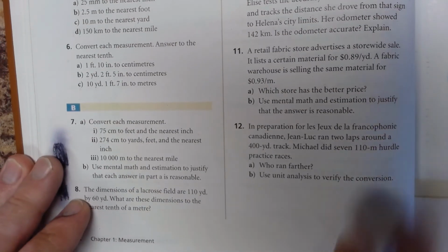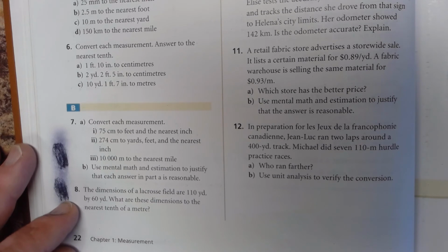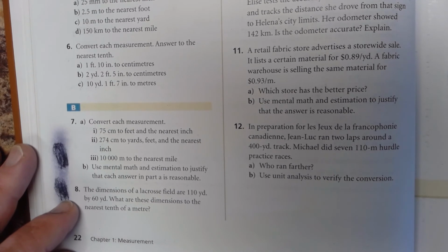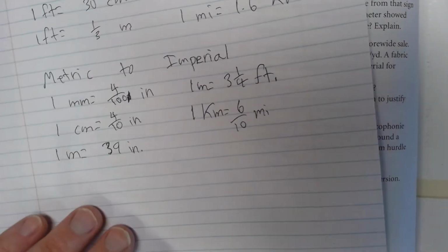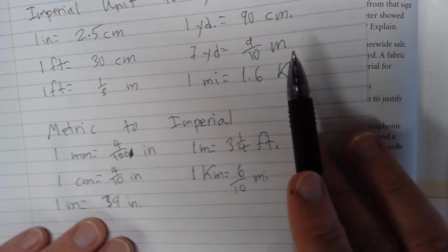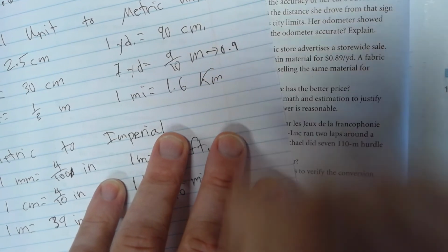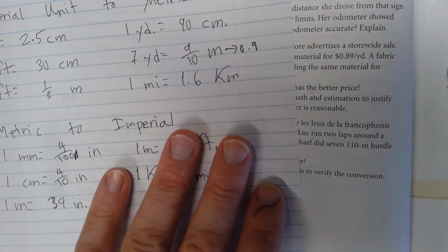All the way down here. The dimensions of a lacrosse field are 110 yards by 60 yards. What are they to the nearest meter? Well, you take the 110 and the 60, and you do each one separately. From yards into meters, let's look at our table here. A yard is about 9/10 of a meter, or 0.9 if you want to use a decimal. 0.9 is the same as 9/10.